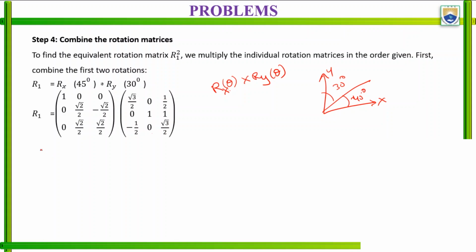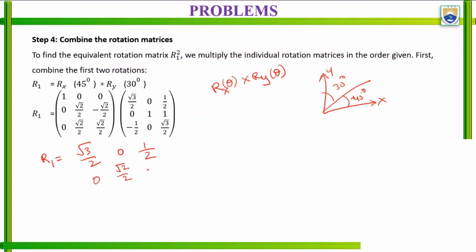Now we need to multiply this. So what will we be getting? R1 is equal to 1 into root 3 by 2 is root 3 by 2, 0, and 0 plus 1 by 2 it is 1 by 2.